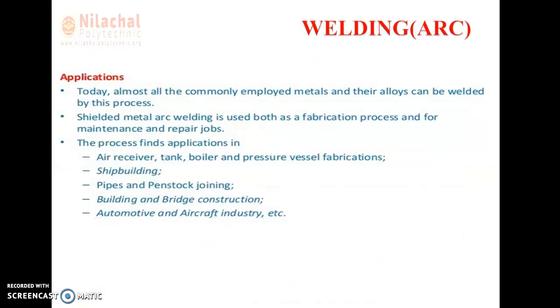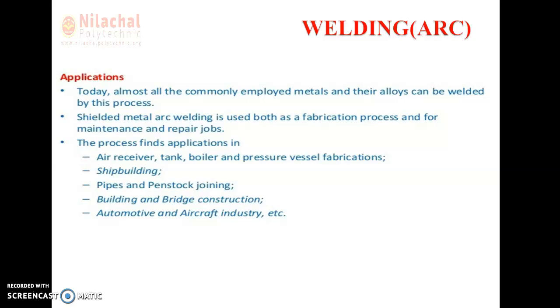Next, these are some applications. Having covered advantages and disadvantages, here are the applications. Almost all commonly employed metals and their alloys can be welded by this process. Arc welding is used both as a fabrication process and for maintenance and repair jobs. That means we can use it to manufacture new material, and also for repairing and maintenance.